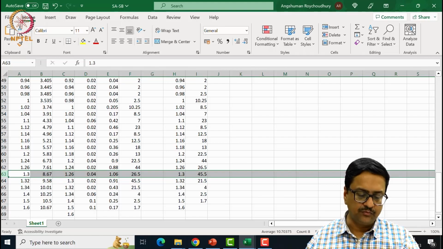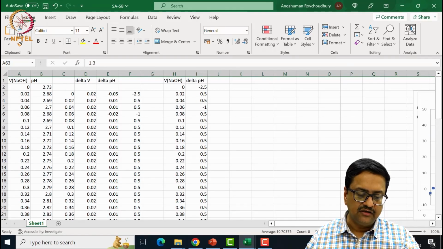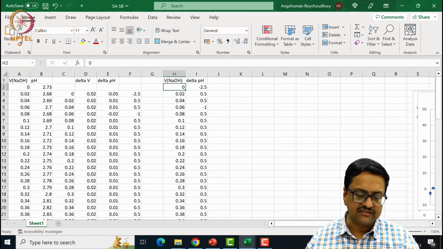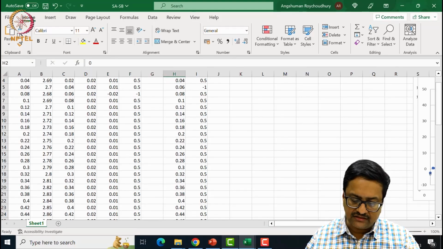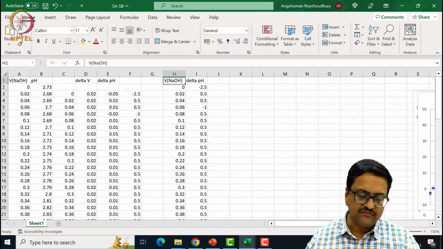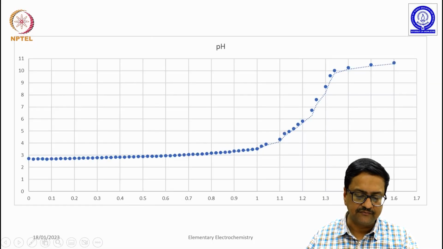So, when we try to plot these values of delta pH versus V NaOH, what we get is a plot that I am going to show in the next slide.